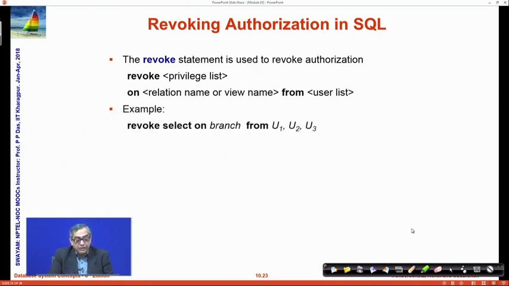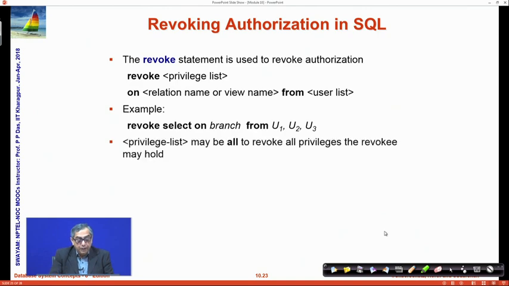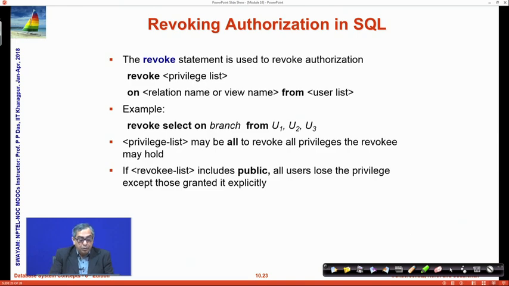So, you can say revoke select on branch from this. Once this is done, then U1, U2 and U3 will not be able to read the branch relation or the branch view. The privilege list may be all to revoke all privileges. So, instead of revoking select, insert separately, you can just say all and revoke all of that.